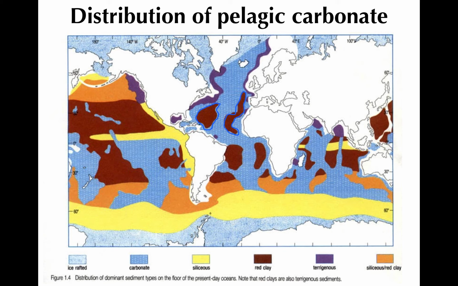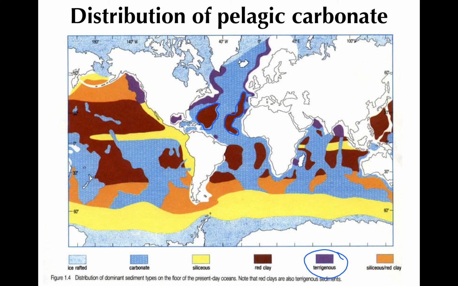Carbonate produced by the pelagic carbonate factory also will only accumulate on the seafloor where there is little sediment input from continents, which is shown here as terrigenous sediments.